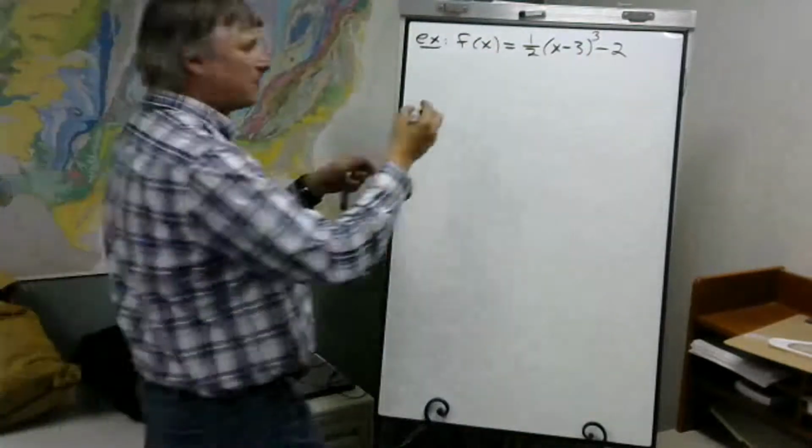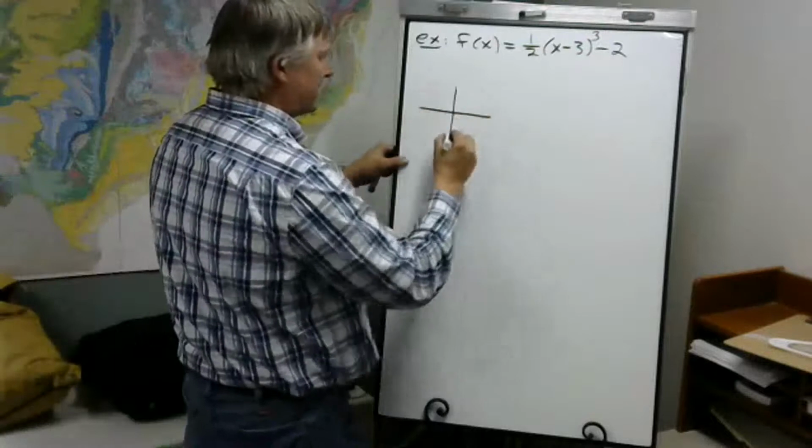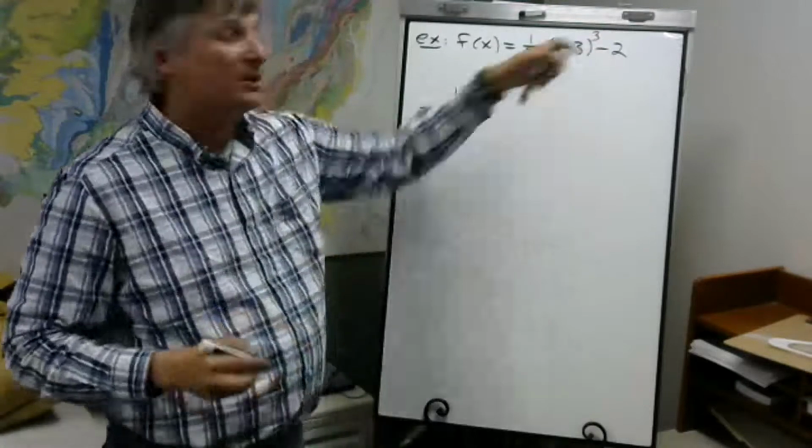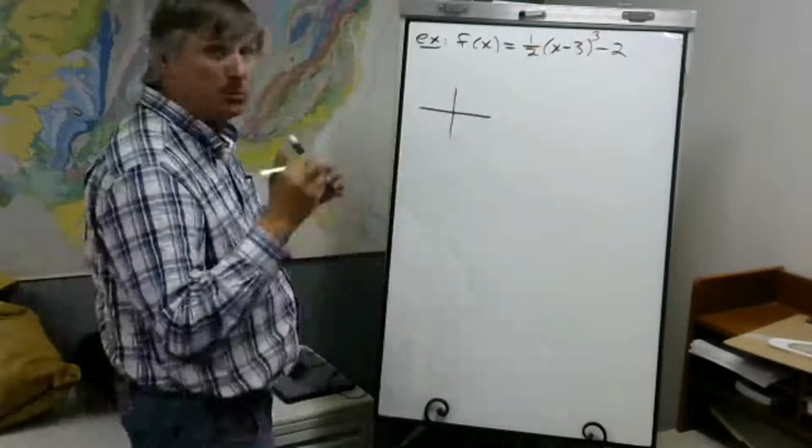So again, let's start with the canonical function. Let's try to recognize it. What it is, we got something cubed. So that means we're going to use the cube function.